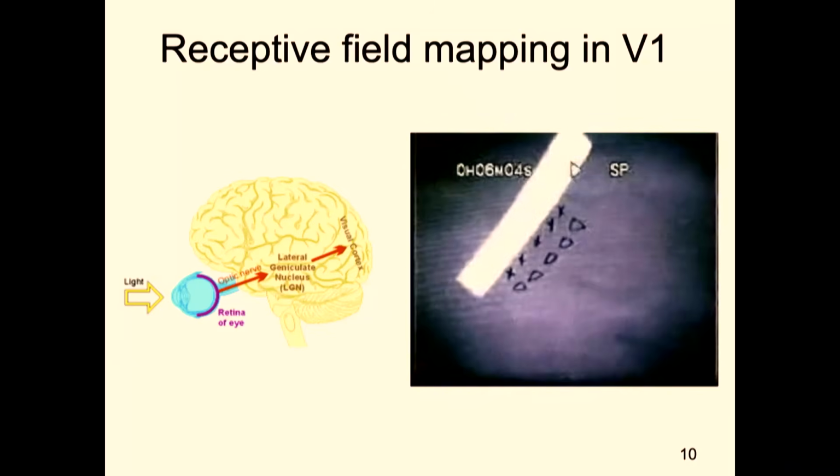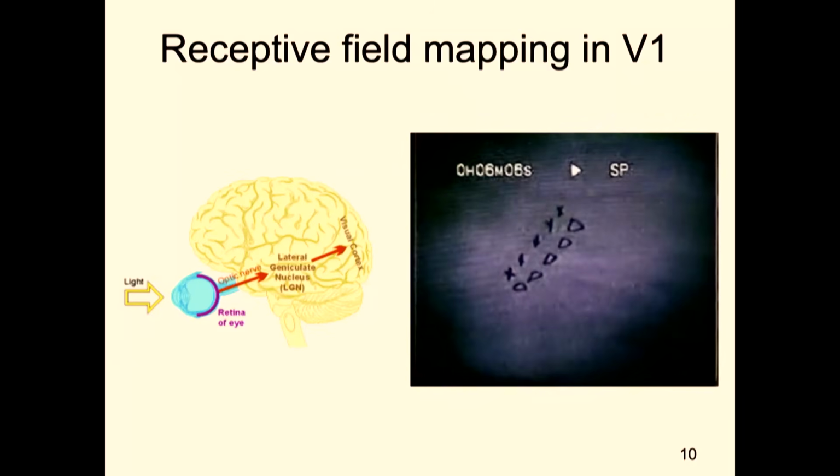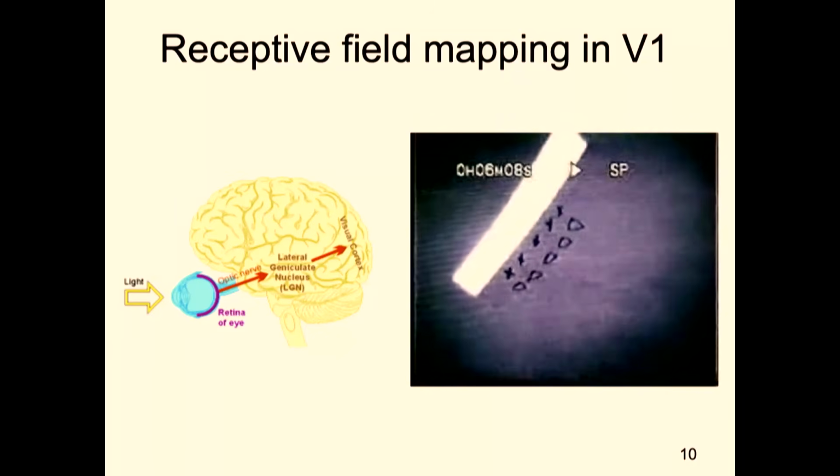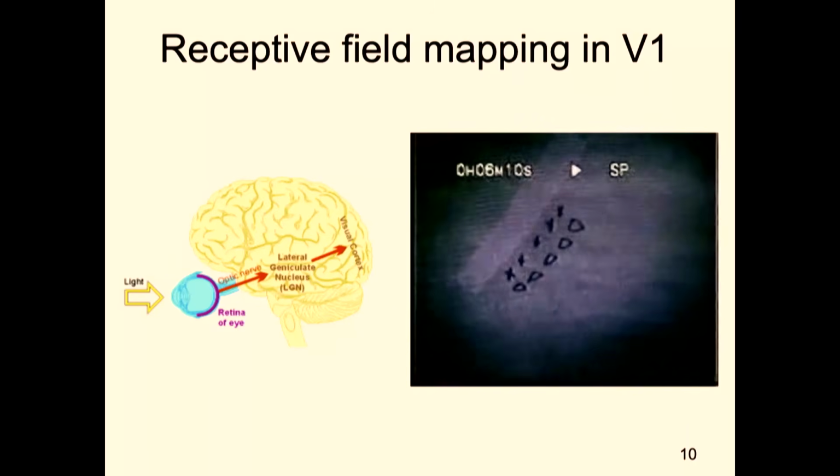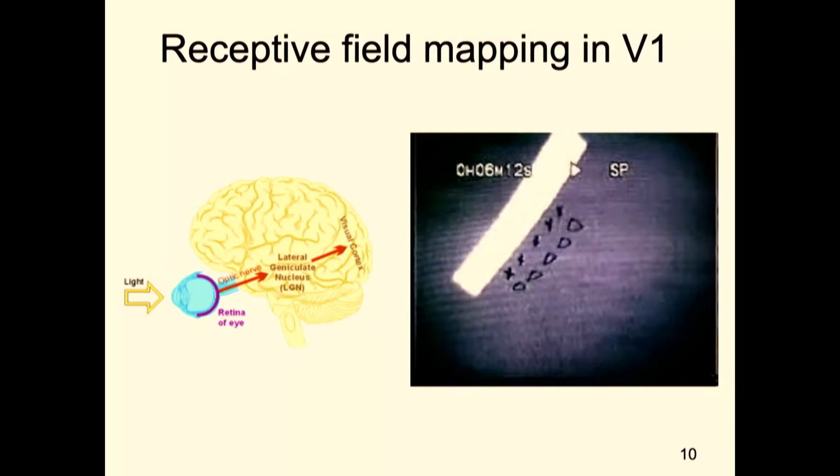Okay, so the region with the X is the region that increases the response when there's light there. The O's, or the triangles, or whatever that is, are the region where the response is suppressed by light.